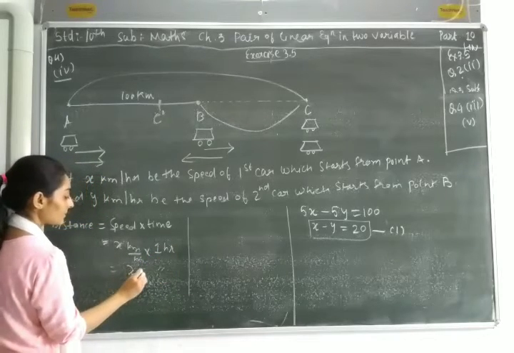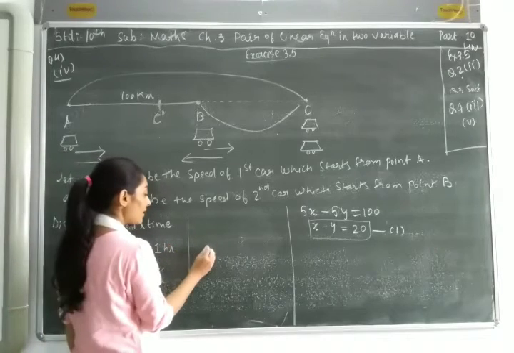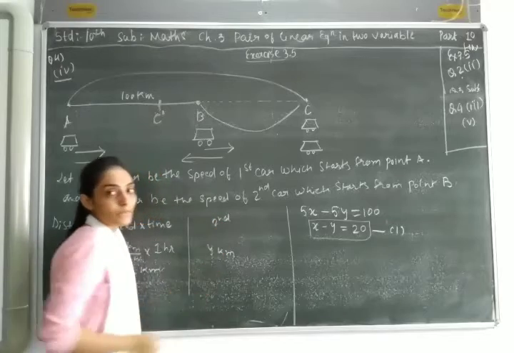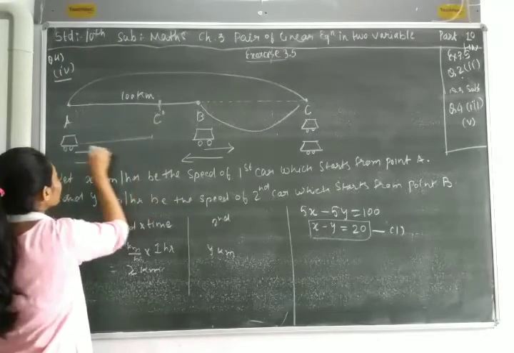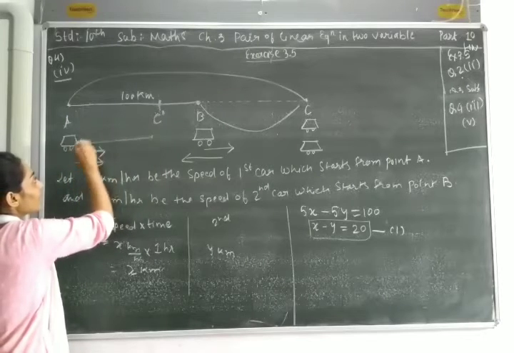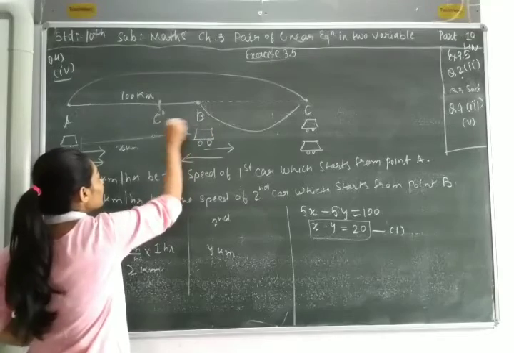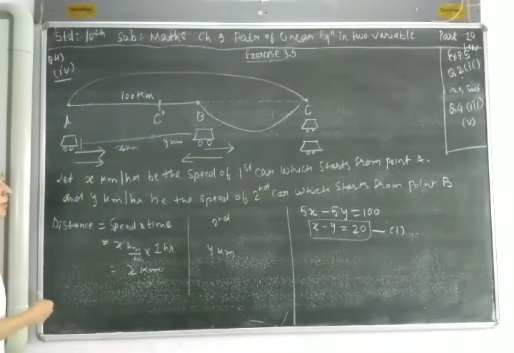So they travel x kilometers, and similarly the second car travels y kilometers. So they meet at this point. A travels A to C, that is x kilometers, and B to C, that is y kilometers.